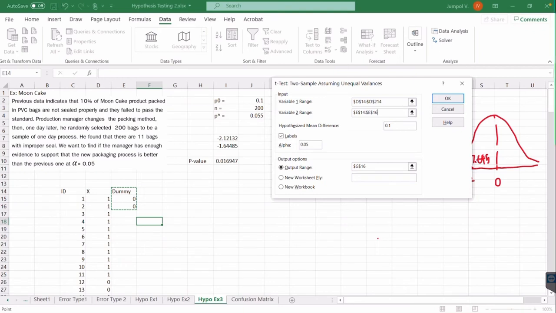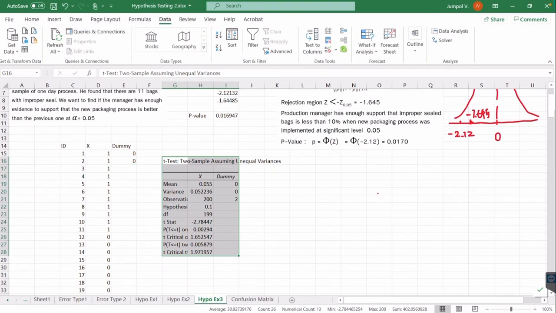The hypothesized mean difference is going to be 0.1, because we think it is about 10%. We check Labels, because we also selected the label on top. Alpha is 0.05. We want the output to be around G16, so we click OK.